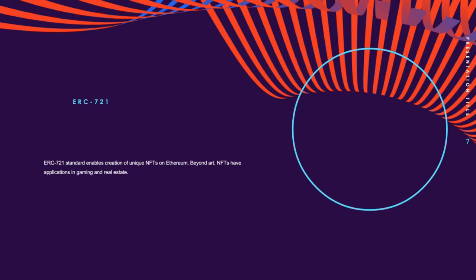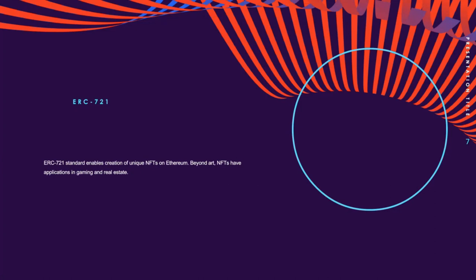These functions include name, which defines the token's name, symbol, which defines the token's shorthand name, and total supply. There are other functions for ERC 721 as well, like balance of, which returns the number of NFTs owned by a given address. It is essential for tracking ownership and enables the transfer of tokens between users through the transfer function.